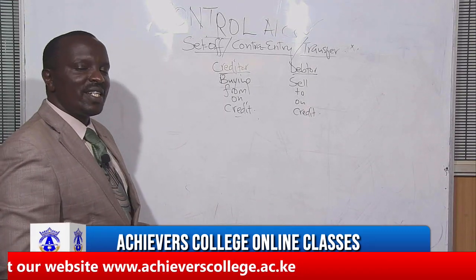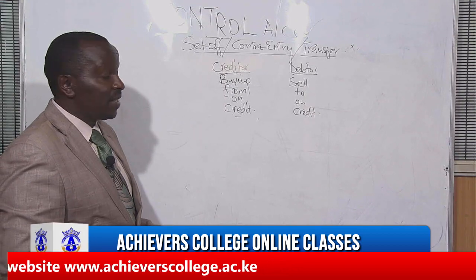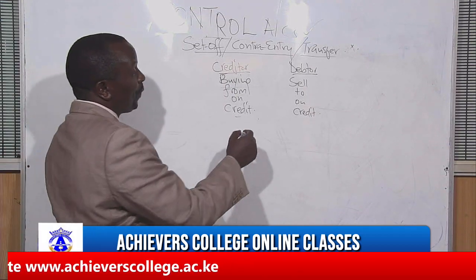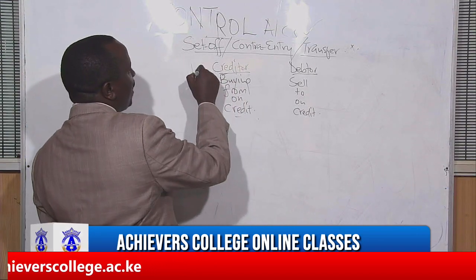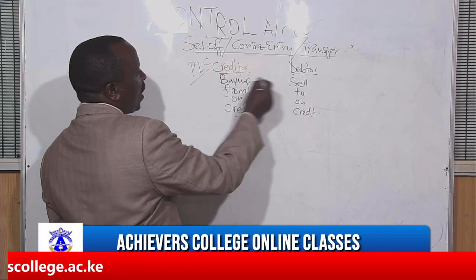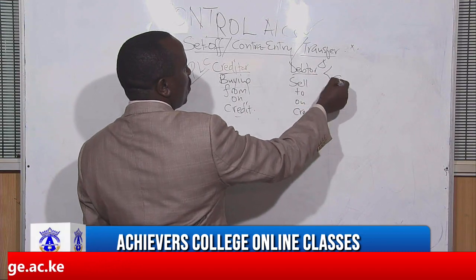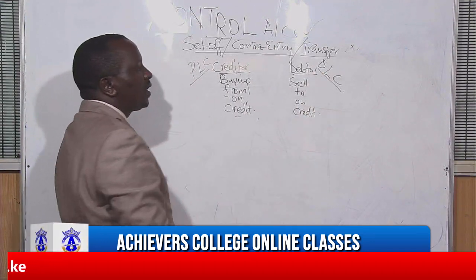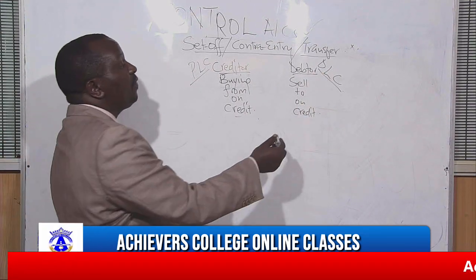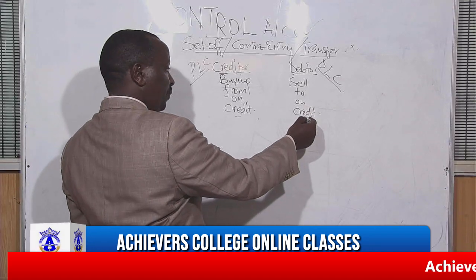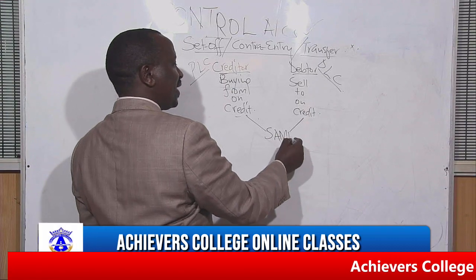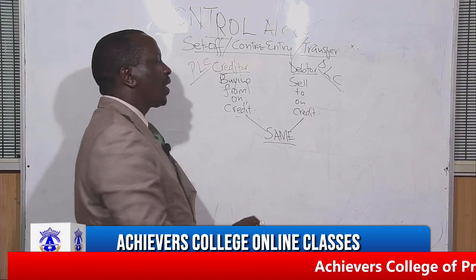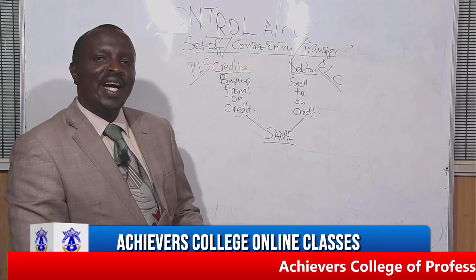They are known as debtors and creditors respectively. In control accounts, you remember there is the creditors or purchases ledger control account, and the debtors ledger control account. It simply means that if the same person is the debtor and is the creditor, then we call that one a contra entry.